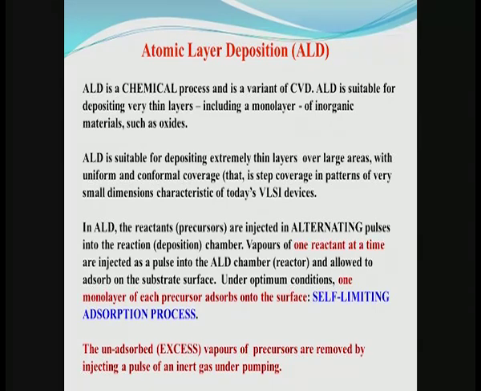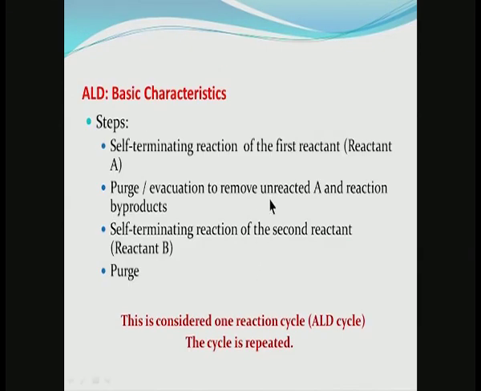and by pumping. Now, the basic characteristics of ALD involve steps of self-terminating reaction of first reactant A, a purge or an evacuation to remove unreacted A material and the byproducts, then a self-terminating reaction of the second reactant B, and then another purge.